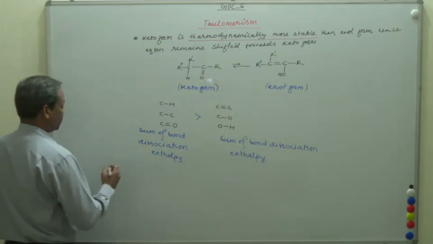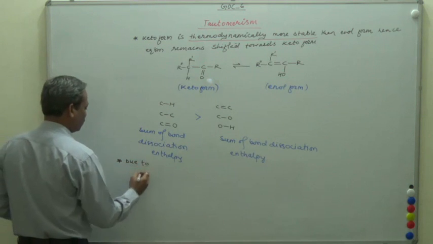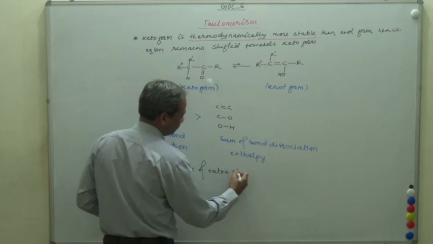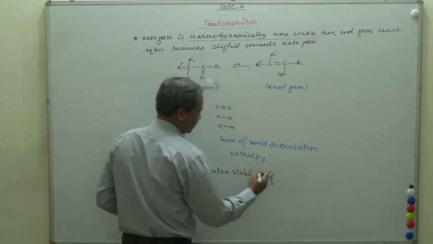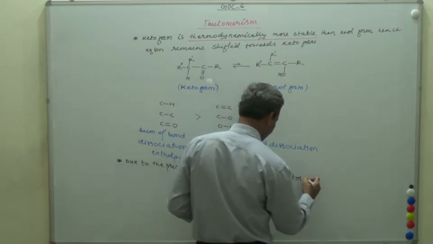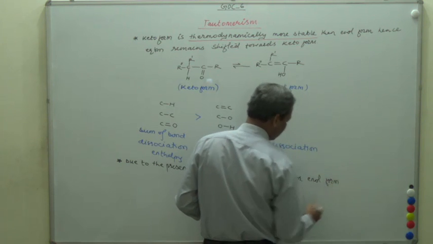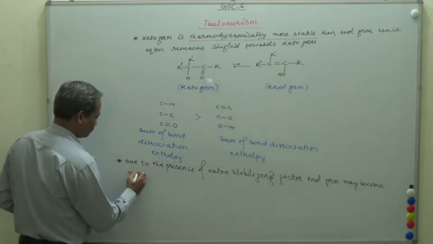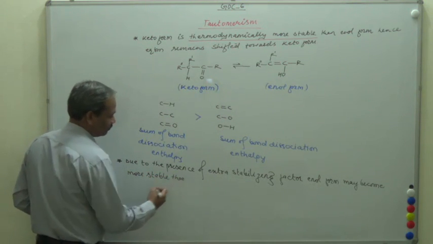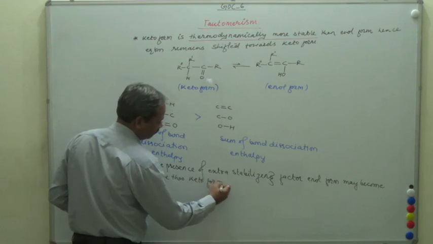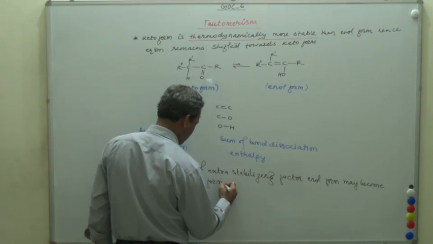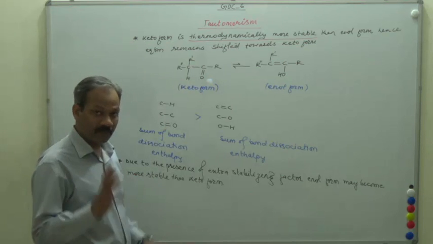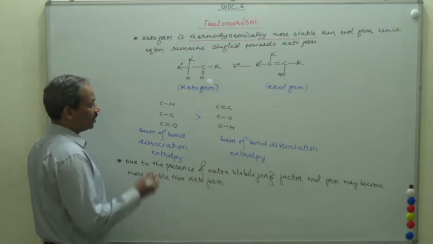So remember that due to the presence of extra stabilizing factor, enol form may become more stable than keto form, and because of this extra stabilizing factor, this equilibrium may shift slightly or completely towards enolic form.